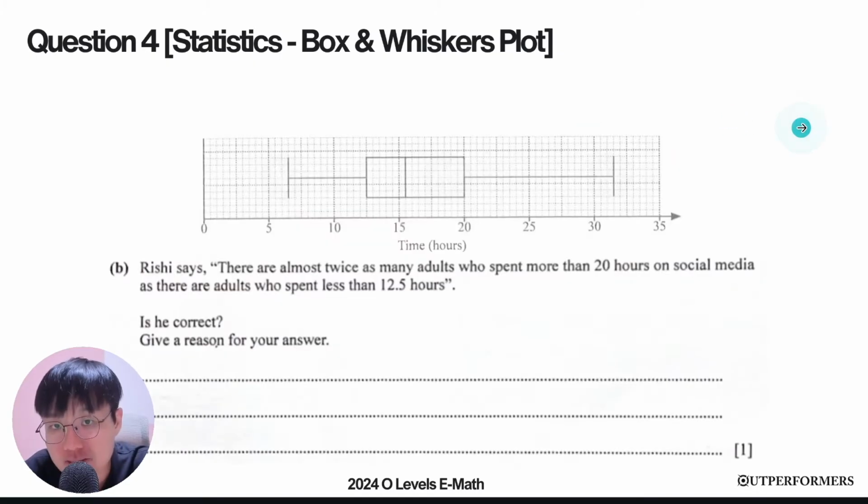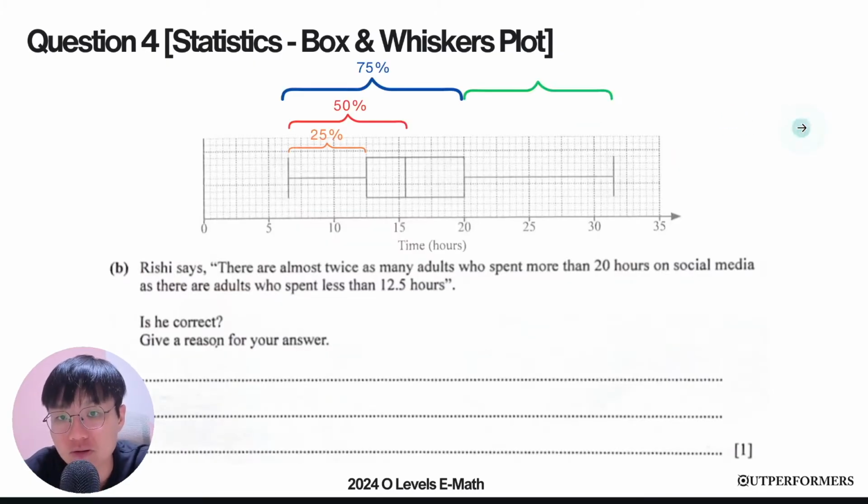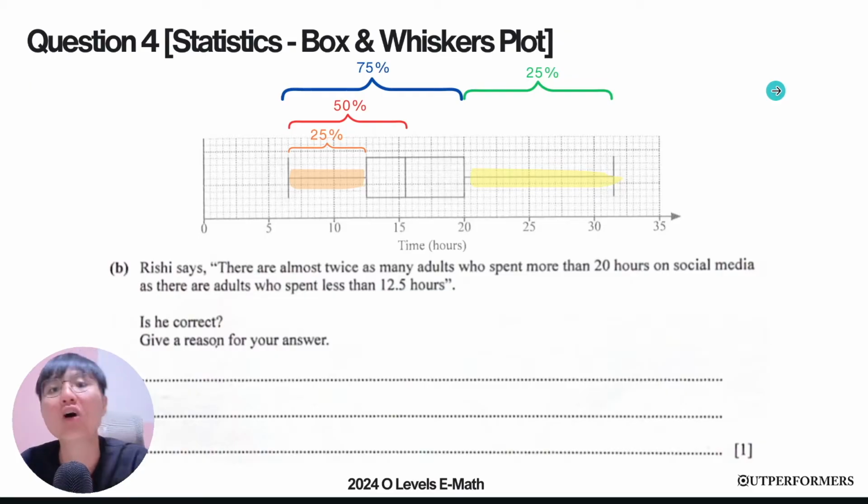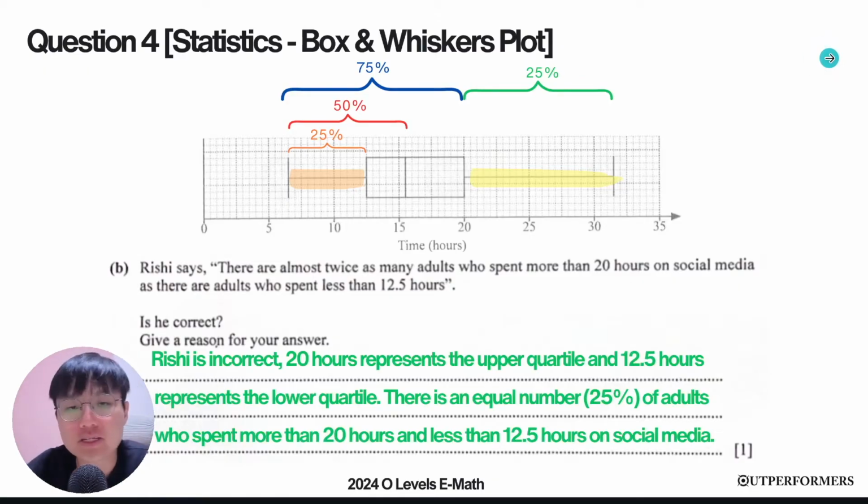Going back to this, we can straight away determine that the value that is less than 12.5 and more than 20 hours, these two are actually the same because both of them are 25% of the entire population of adults that we have interviewed. Okay, so that's what we can say.